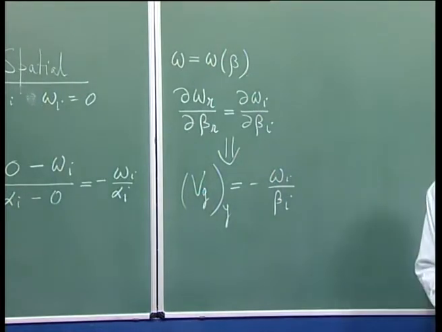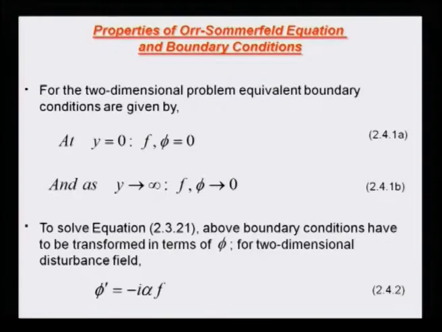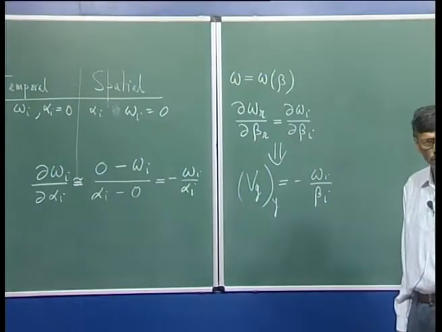Okay. That is what is written down in your transparency there. Okay. So, basically then you have the V g x and V g y component, right.